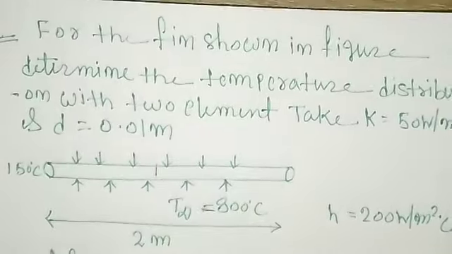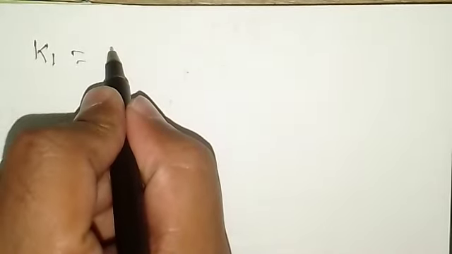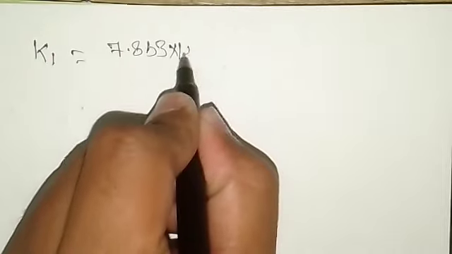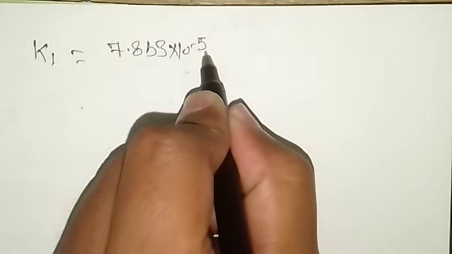First K1 we will calculate. So let's find out the K. So here you can say that is K1, right? So K1 is equal to what? A is 7.853 into 10 to the power of minus 5.